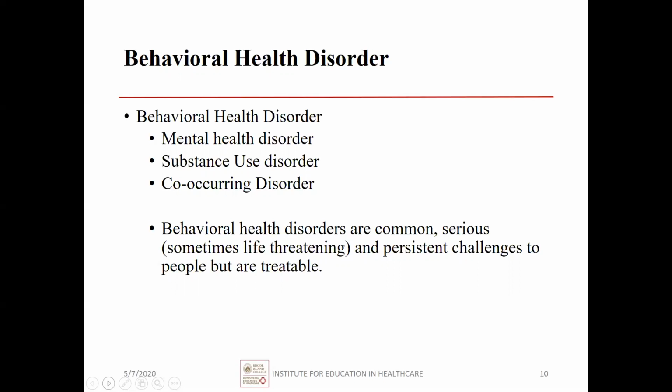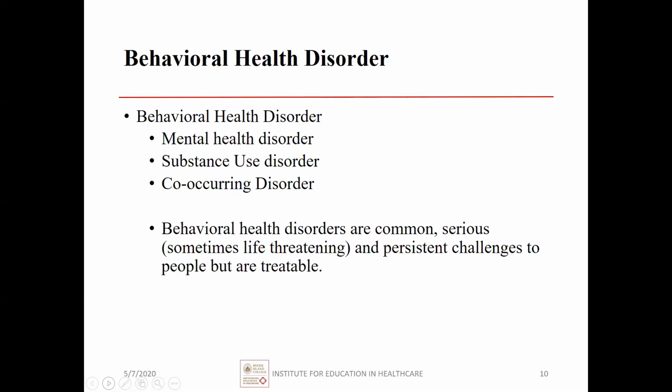When we think about behavioral health disorders, we're moving down that continuum that we just saw in the video, and we're looking at where there's an impairment, but we're looking at mental health diagnoses. We saw some of the labels that people can be diagnosed with in the video: anxiety, depression, schizophrenia, substance use disorder.